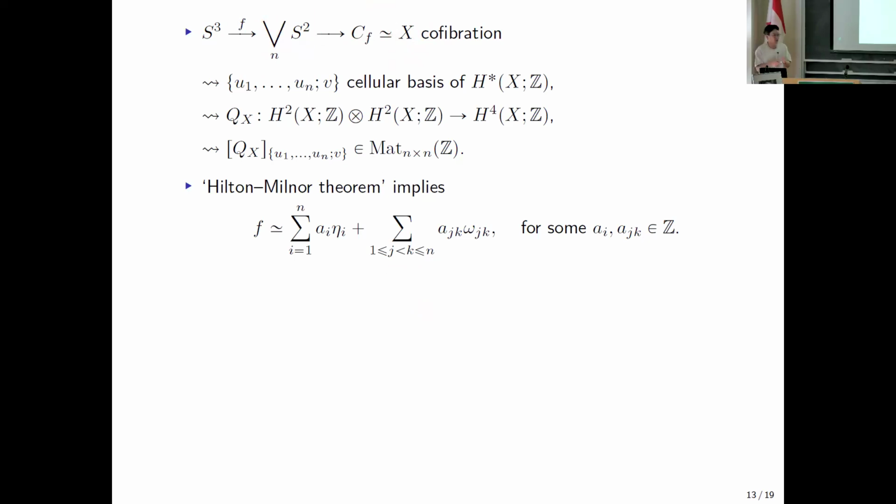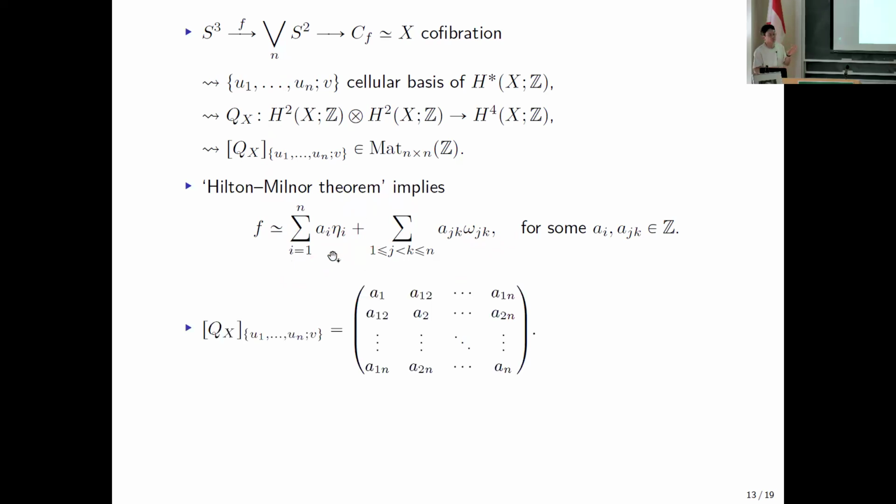Because this is a mapping cone of S3. So we can naturally think of the Hilton-Milnor theorem to compute the pi3 of this. So this attaching map is homotopic to a linear combination of a bunch of maps, like some Hopf components and Whitehead components, right? And then there should be some coefficients for this linear combination.